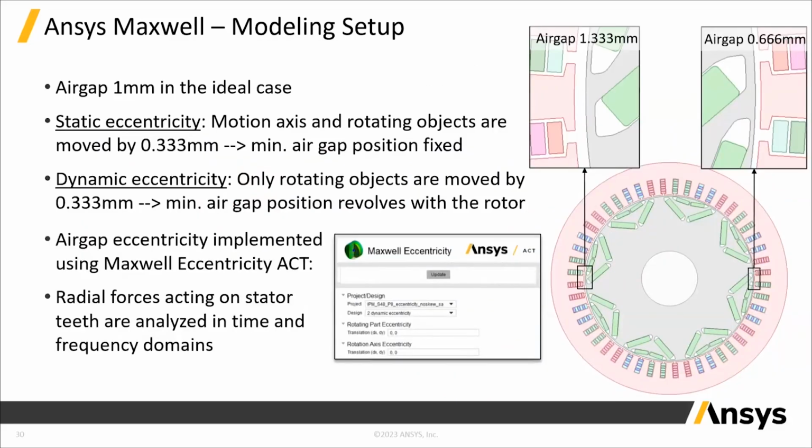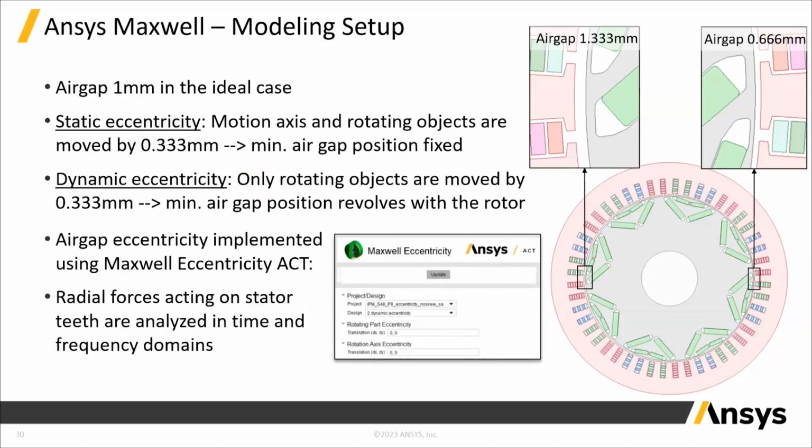In this example motor model, the air gap in the ideal case is 1 millimeter. To model static eccentricity, both the motion axis and the moving objects are moved by 0.33 millimeters, and the minimum air gap position is fixed this way.